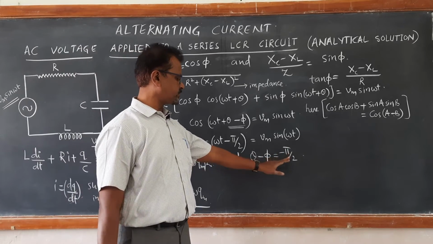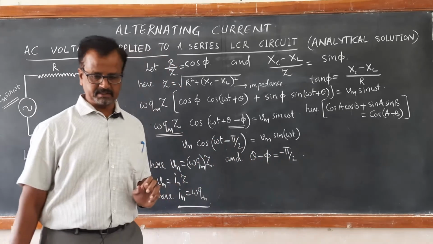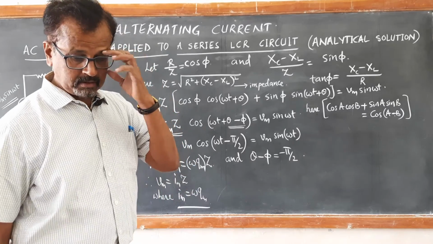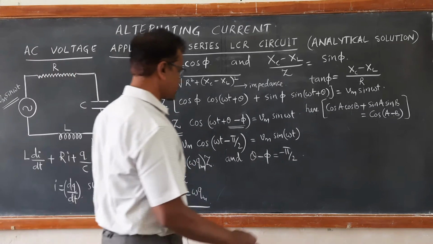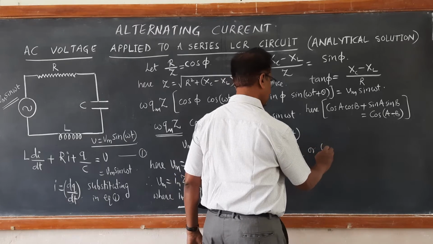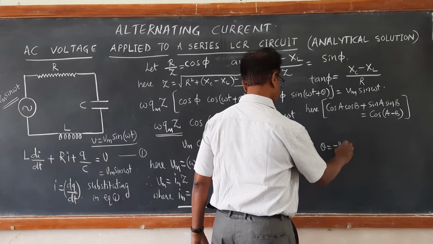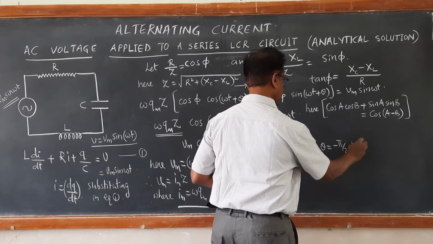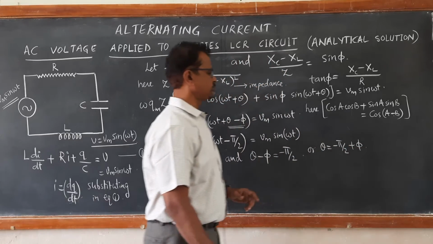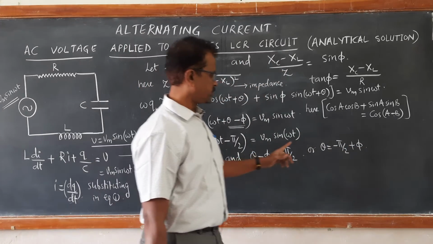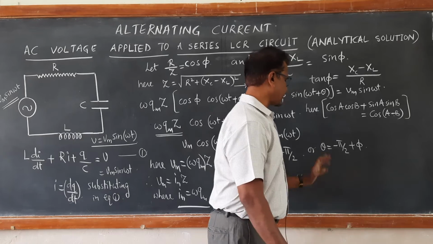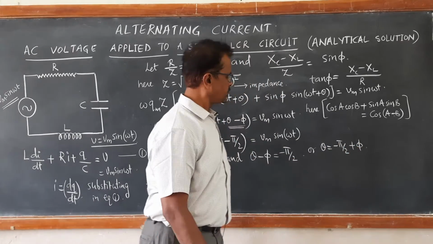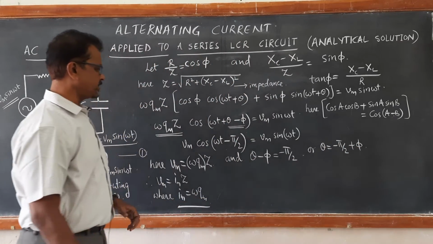Phi is therefore equal to pi by 2 plus theta, or theta is equal to minus pi by 2 plus phi, right? Or phi is equal to theta plus pi by 2. So that is how we can write the equation.